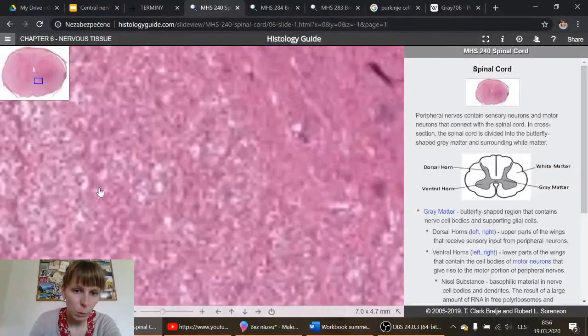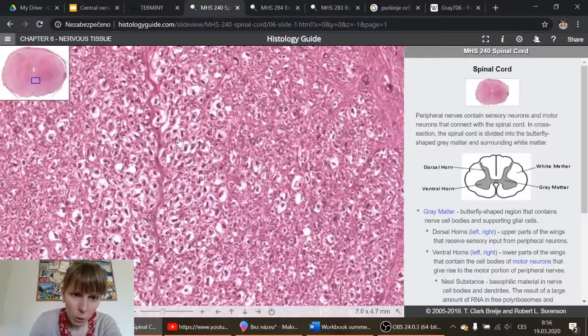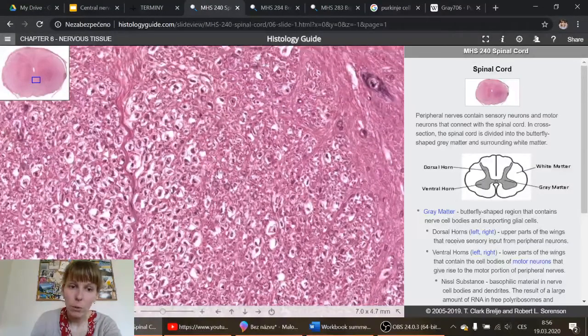So if we zoom in more, each one of these round shapes would be where you have the axon and the myelin sheath, which was washed out most of the time. So these are all myelinated axons, and of course there will also be nuclei of oligodendrocytes.